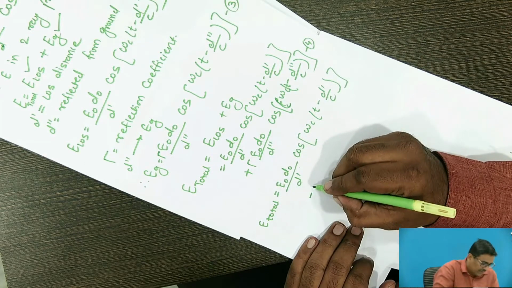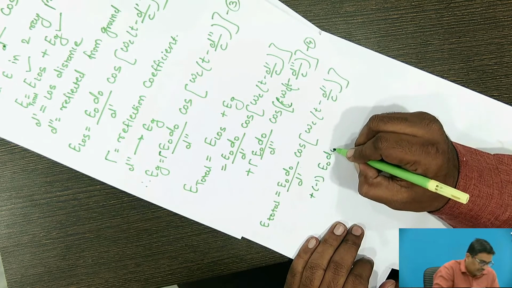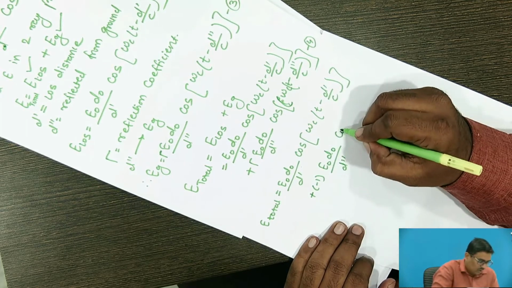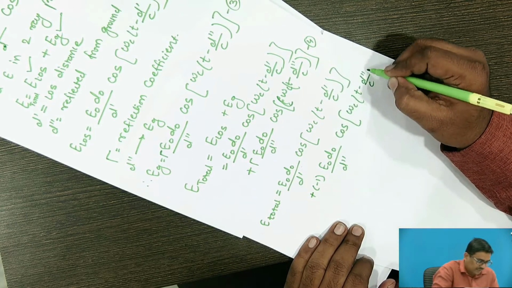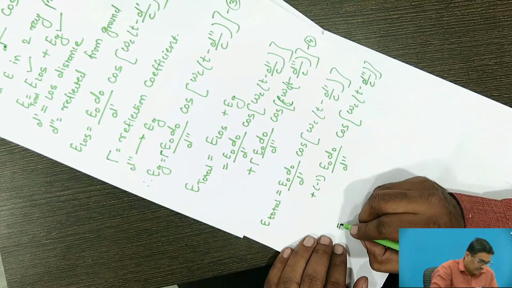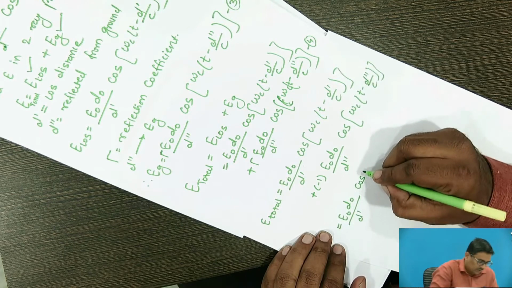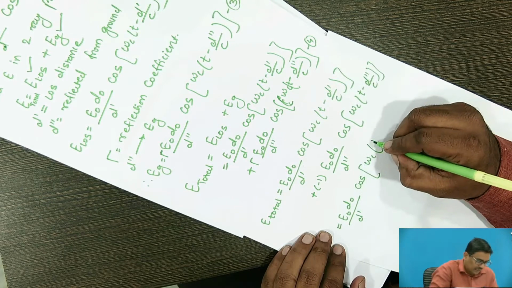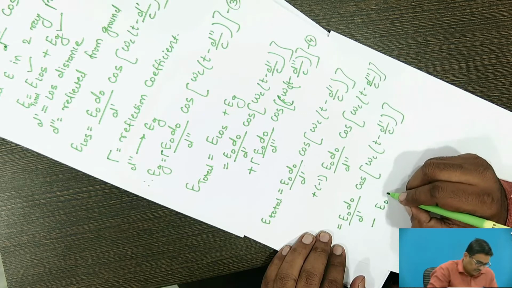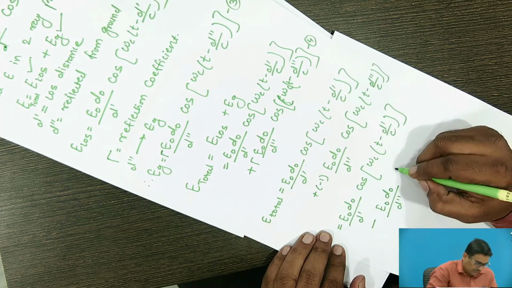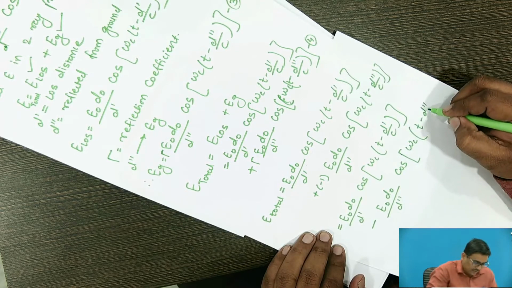Therefore it will be -1 into E0 d0 by d'' cos of (omega_c t minus d''/c). Now simplify this equation again: E0 d0 by d' into cos of (omega_c t minus d'/c) minus E0 d0 by d'' cos of (omega_c t minus d''/c).